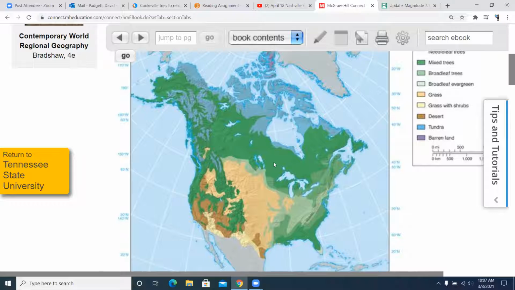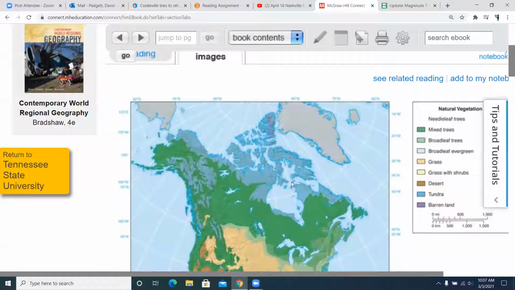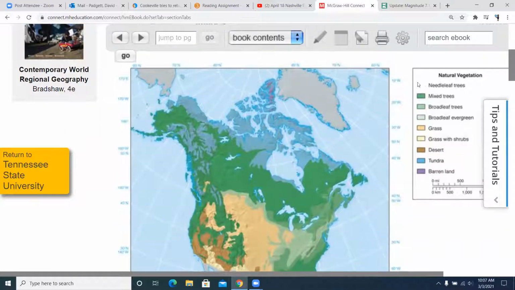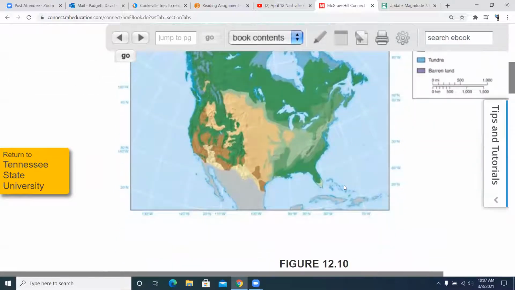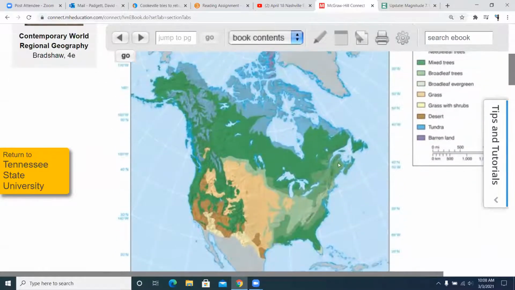We also have tundra, a very cold region. Now the color area symbol for needle-leaf trees is missing from the legend, but it's that really dark green area that stretches across Canada. These are needle-leaf trees, or sometimes we call them pine trees. Of course, in our region, we have the mixed forest here.